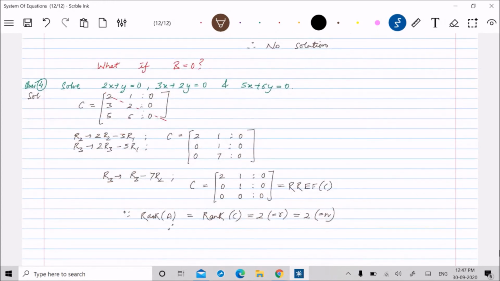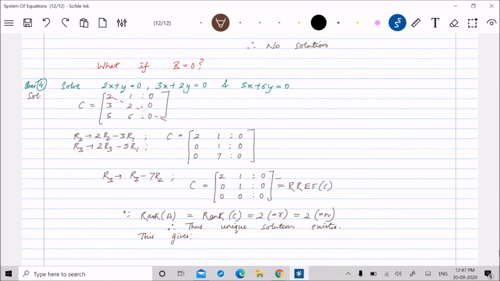So we can surely say that a unique solution exists. And if you want to write that unique solution, you will just pick up these two equations.